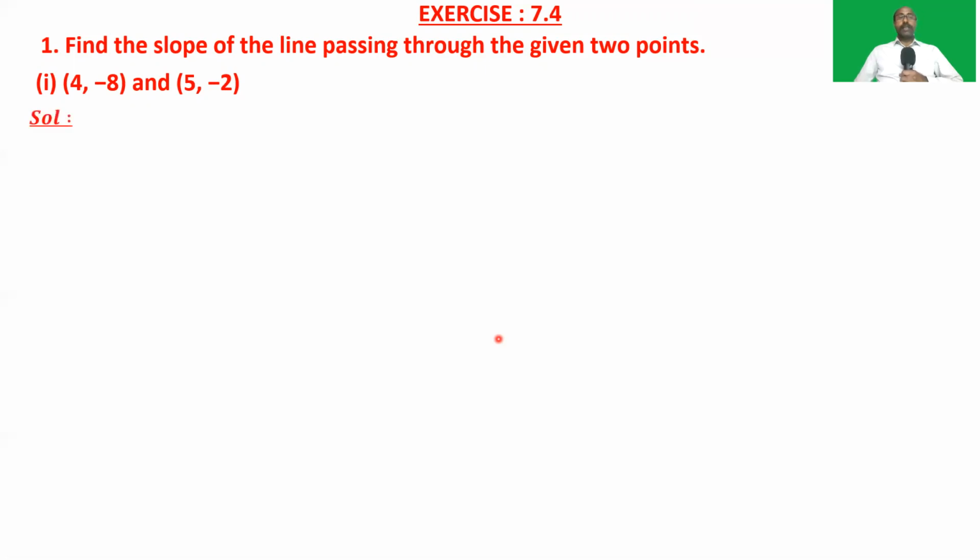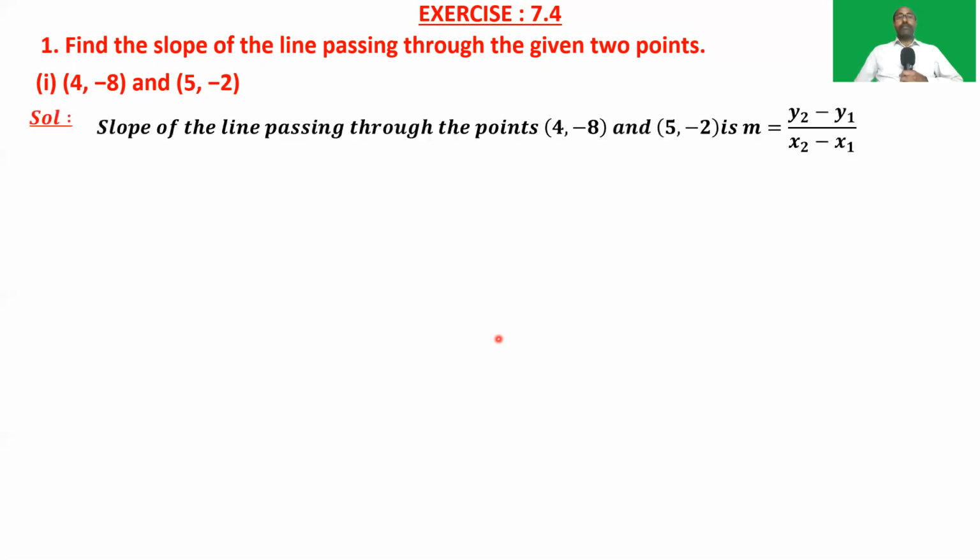So students, we have the formula: the slope of the line passing through (x1, y1) and (x2, y2) is y2 minus y1 by x2 minus x1. So the slope of the line passing through (4, -8) and (5, -2) is y2 minus y1 by x2 minus x1, where (x1, y1) is (4, -8) and (x2, y2) is (5, -2). Now substitute these values in this formula.